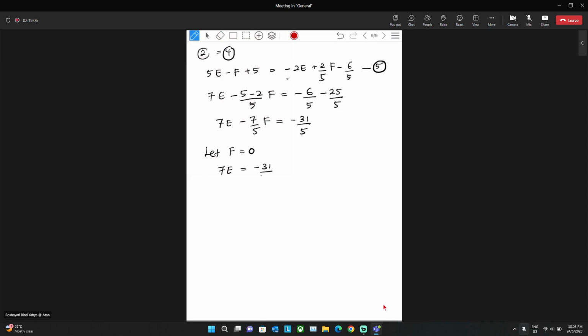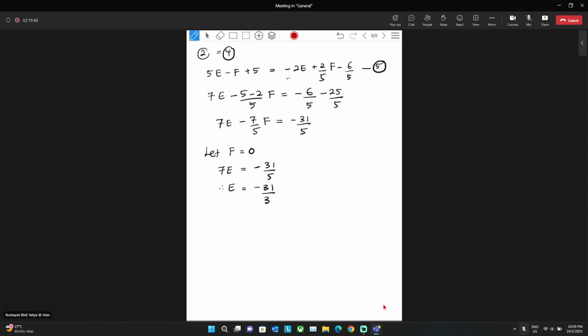So E equal to, am I wrong? 7E minus 7F, E equal to, wrong. Wait. Negative 31 over 5 E equal to negative 31 over 35. Okay. This is equation number 6.